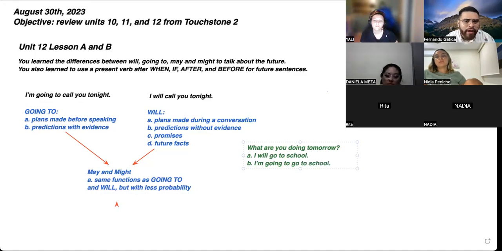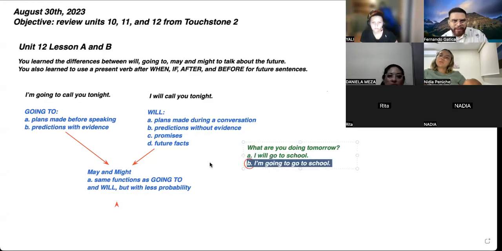Which one would be correct? Letter B. I'm going to go to school, because that's a plan that you normally think before you speak.